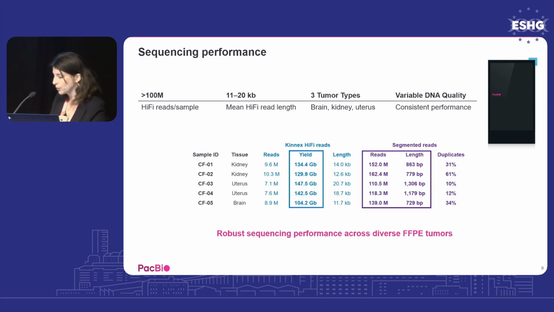And then, of course, during the first step of the analysis, we cut back the long DNA molecules into the real FFPE fragments that we used as input. And it's why you see here the real number of reads, between 110 million and up to 160.